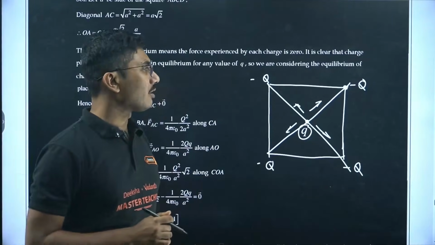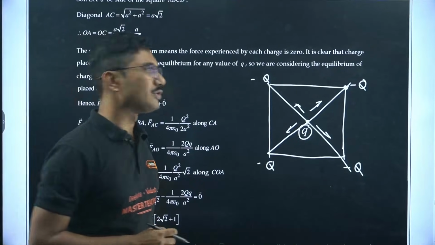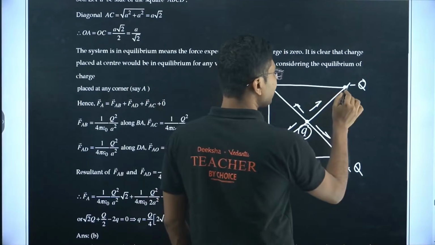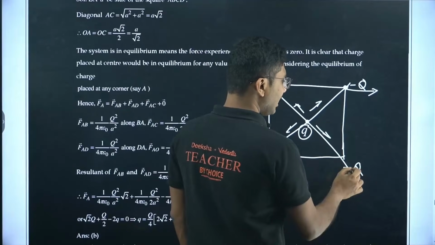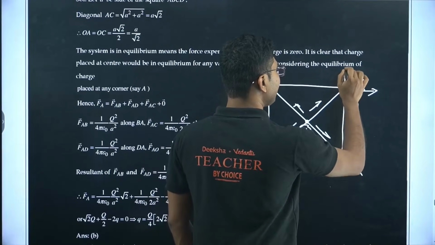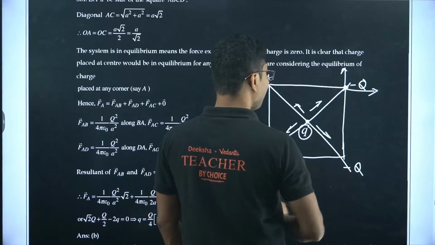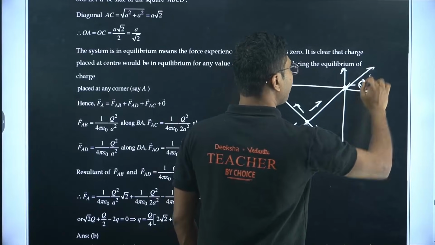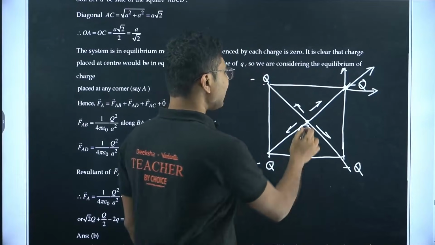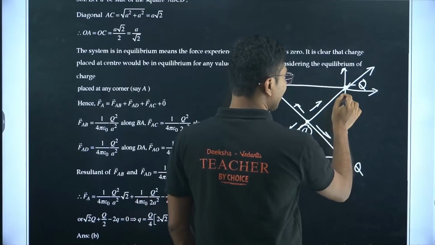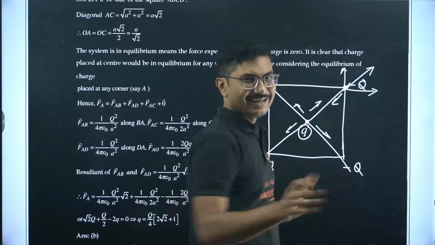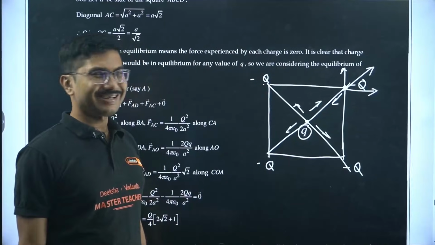What are all the forces acting on this negative q charge? There is a negative q here, so it will try to repel in this direction. There is a minus q over here, so it will try to repel in this direction, and another minus q will repel in this direction. And this central q, say this is a positive charge, will try to attract in this direction.